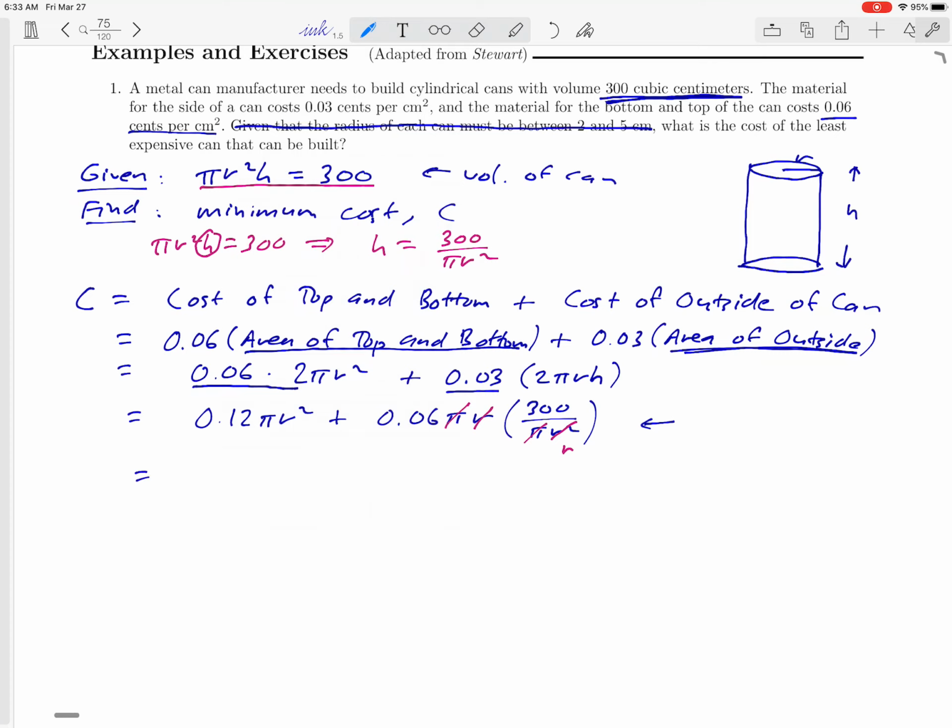We can cancel those. That's going to leave one r in the denominator. So rewriting this, we've got 0.06, the pi and the r in the numerator are gone, times 300, and then we've got an over r.